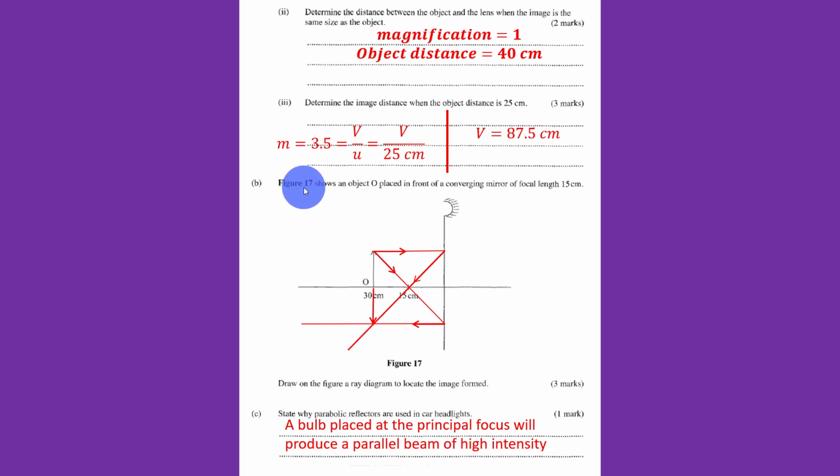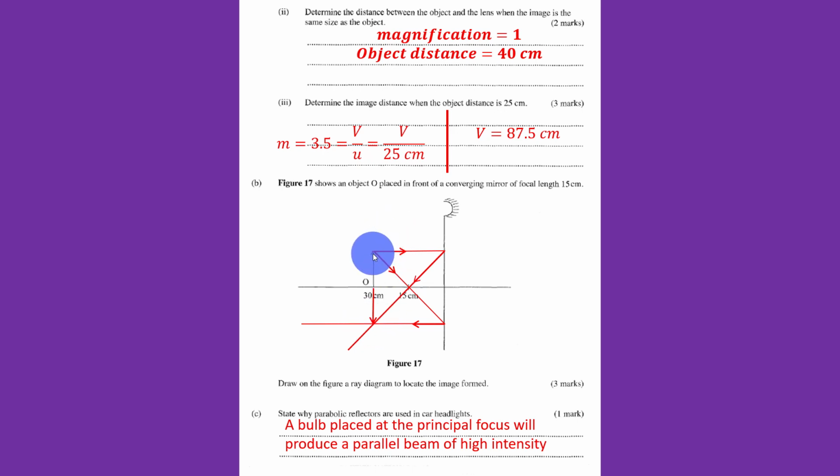So in question 17, this part B, we are told that figure 17 shows an object O placed in front of a converging mirror of focal length 15 centimeters. So there is an object over here, and I can see that it is at twice the focal length, or at C. So definitely the image is going to be of the same size and it is formed at the same point.